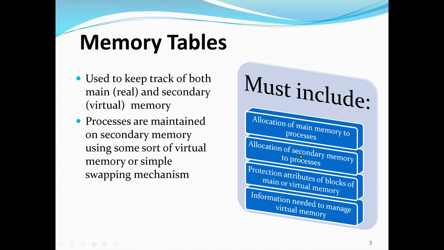Also any protection attributes of blocks of main memory or virtual memory, such as which process may access certain shared memory regions. And any information needed to manage the virtual memory. We are going to examine the information structure for memory management in the future lectures.